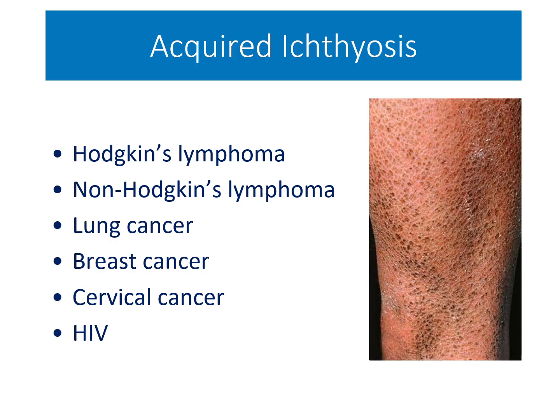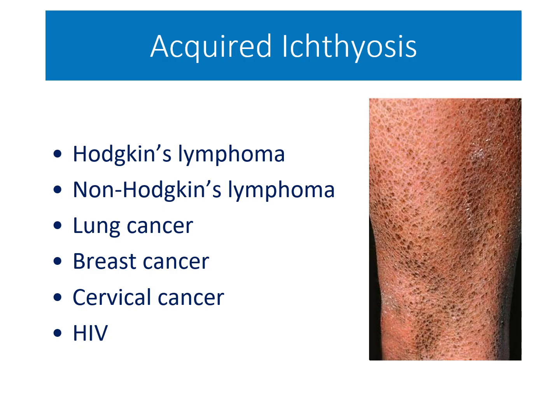Now, acquired ichthyosis. Ichthyosis is usually an inherited disorder that we see in infants and kids. However, ichthyosis can be acquired. In ichthyosis, they have those fish-like scales on the body.